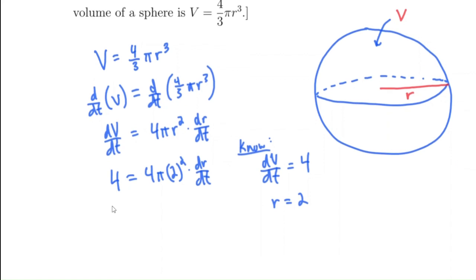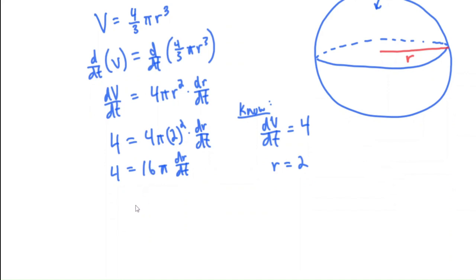So let's plug things in. We have 4 equals, now 2 squared is 4, times 4 is 16. So we have 16 pi times dr/dt. So dr/dt is going to be 4 divided by 16 pi, which is really 1 over 4 pi.